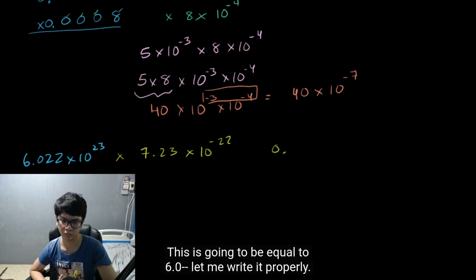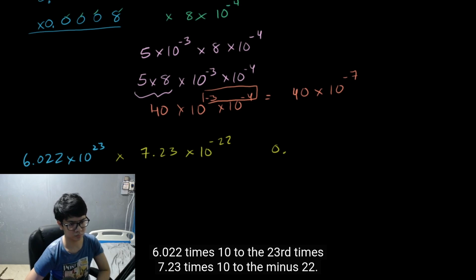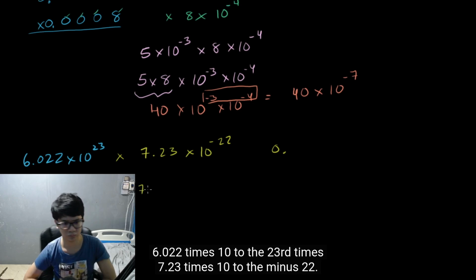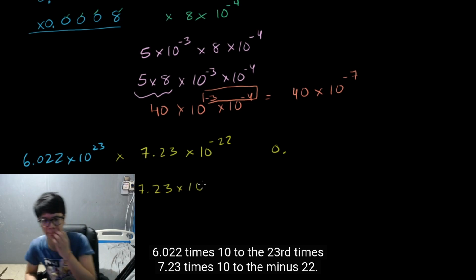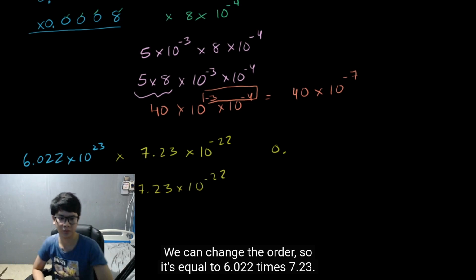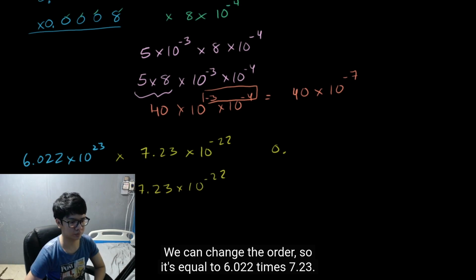This is going to be equal to 6.022 times 10 to the 23rd times 7.23 times 10 to the minus 22. We can change the order. So it's equal to 6.022 times 7.23.